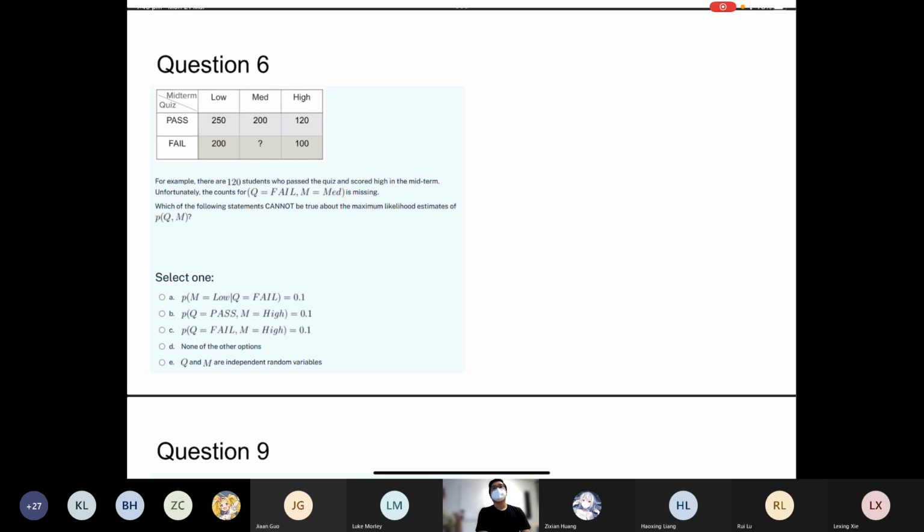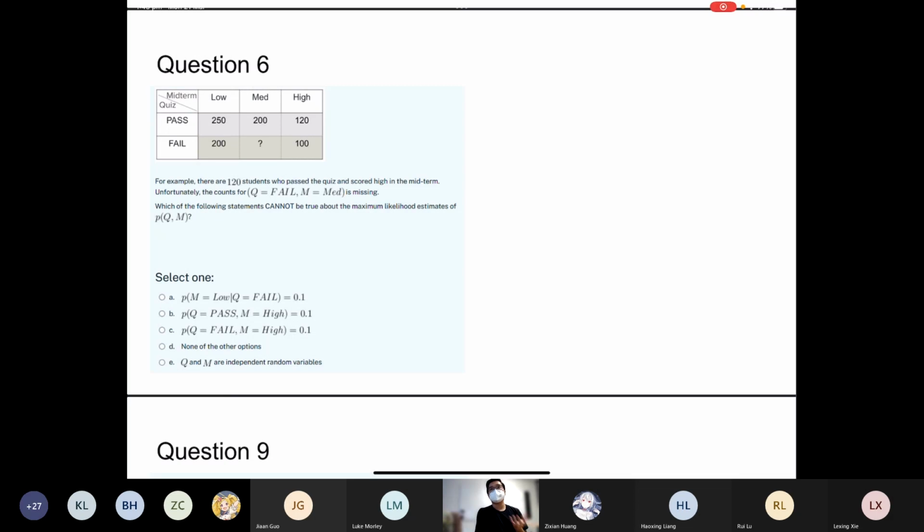Okay. Yeah. You can prove, for example, if Q and M, you can assume that Q and M are independent, and then that will lead you to a contradiction. And how do you do that? You can show two cases. So remember, when Q and M are independent variables, that means their joint distribution is the same as the product of the marginals.